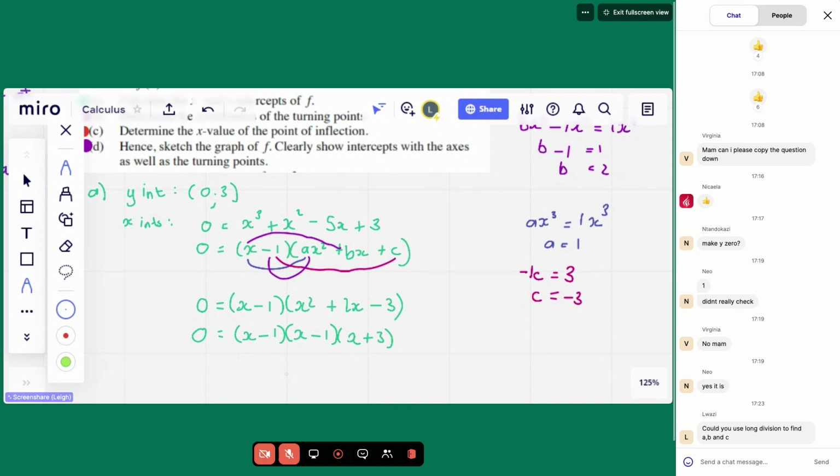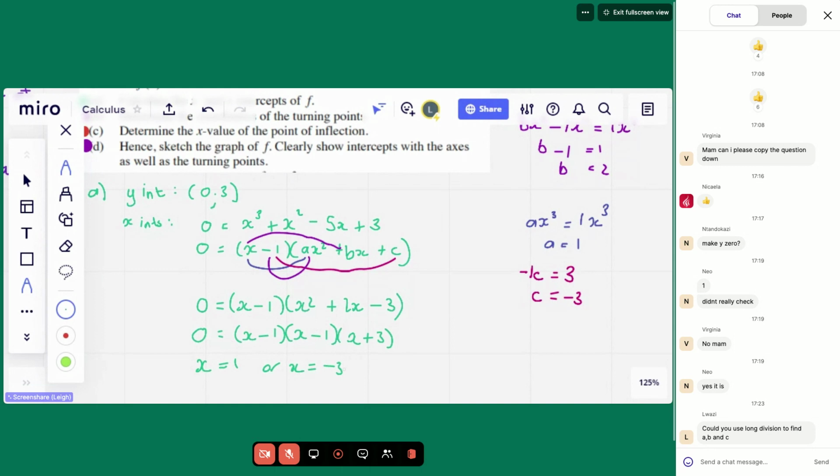So what it means is that your x-intercept is also going to be a turning point, quite right. So if you see a bracket multiplied by itself, that value of x is not only an x-intercept, it's also going to be a turning point. All right, so that means we've got x is equal to 1 or x is equal to negative 3 in this instance. So those are our two x-intercepts.